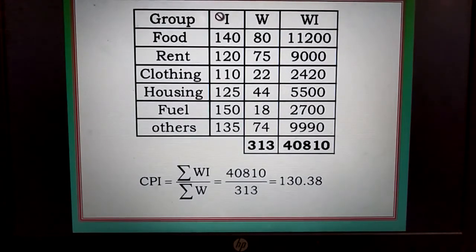Here the indices were already given, the W column was also given, and WI, one more column, has been calculated. The sum of WI is taken and the sum of W is also taken. We know the formula as sum of WI divided by sum of W. Substitute and calculate the answer. 130.38 you are arriving at. So a 30.38% increase in consumer price index in the current year as compared to the base year based on the family budget method. That can be given as the interpretation or the conclusion at the end.